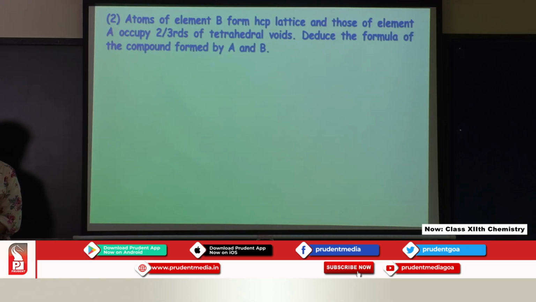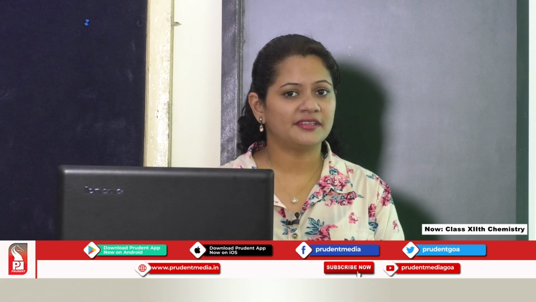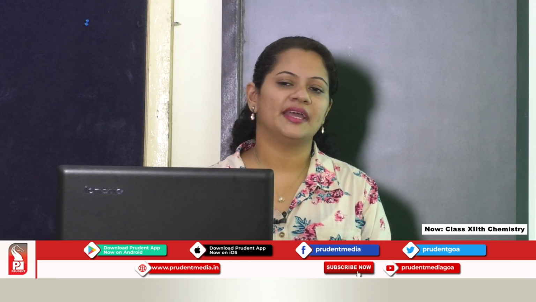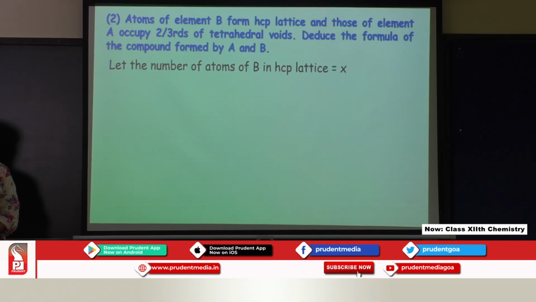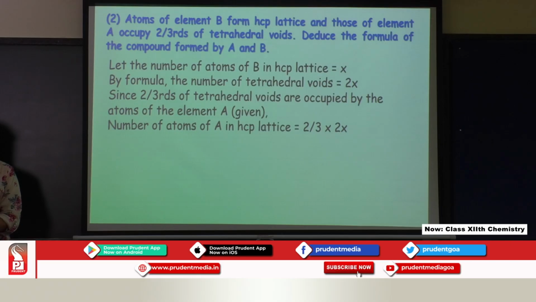Another simple example, you are given that atoms of element B form HCP lattice and those of element A occupy 2/3 of voids. Deduce the formula of the compound formed by A and B. Let's take the number of atoms of B in HCP lattice to be equal to x. So, by formula we know that the number of tetrahedral sites generated will be twice x.